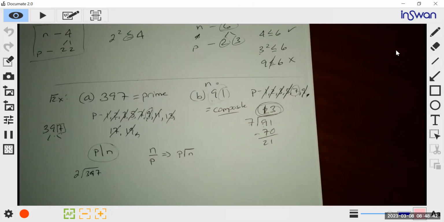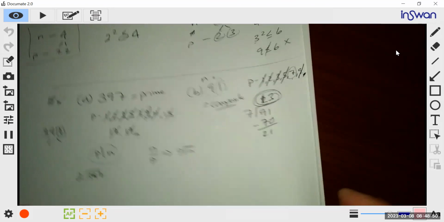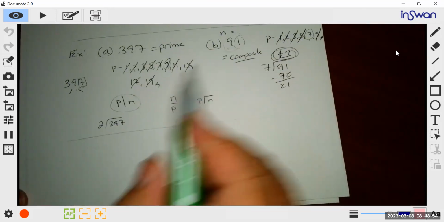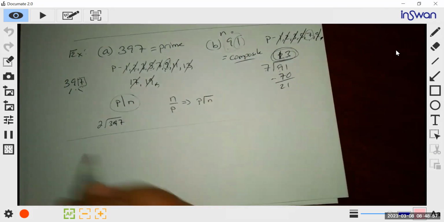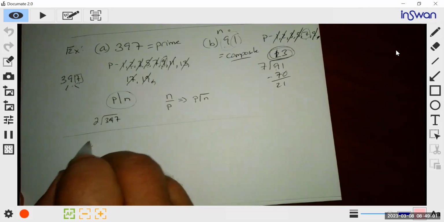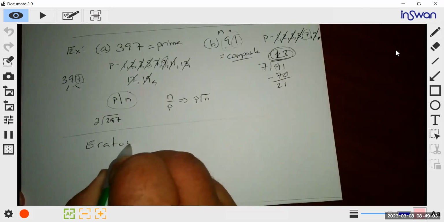That's what that second theorem tells us, is we can look at all those individually. Kind of what we just did here. Something similar to that was first discovered by a guy named Eratosthenes.